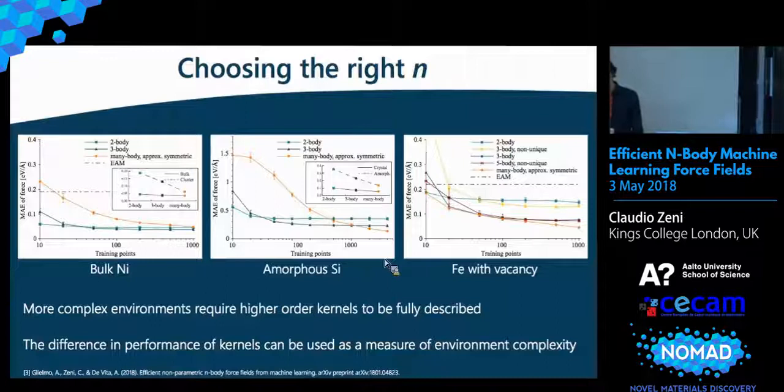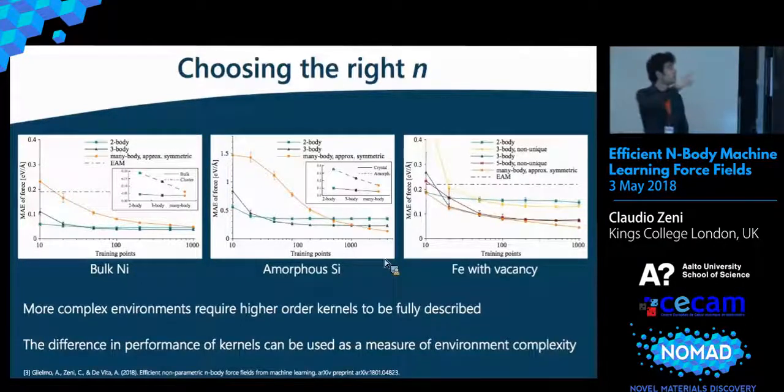So if, for example, we look at bulk nickel, the sensible choice is to use a two-body kernel, because that's enough, and it's much faster. If you go to more complex environments, of course, the two-body kernel cannot reach an adequate accuracy, so we have to use, for example, a three-body kernel. A nice feature of this mindset about n-body kernels is that we can use the relative accuracy to define our environmental complexity.